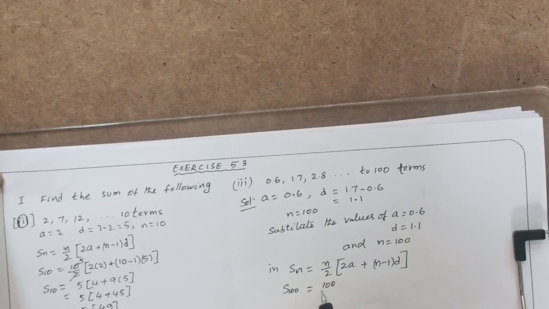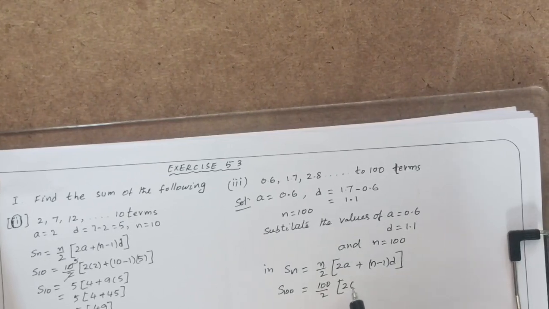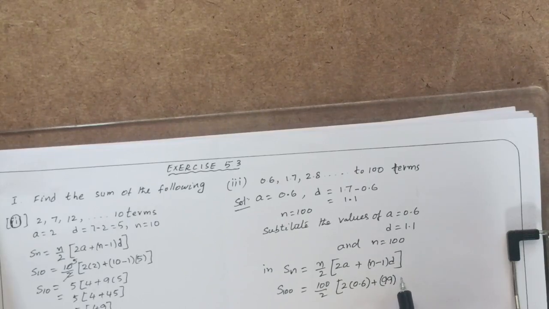So 100 by 2 into 2 into a means 0.6, plus n minus 1, 100 minus 1, 99 into d, which is 1.1.